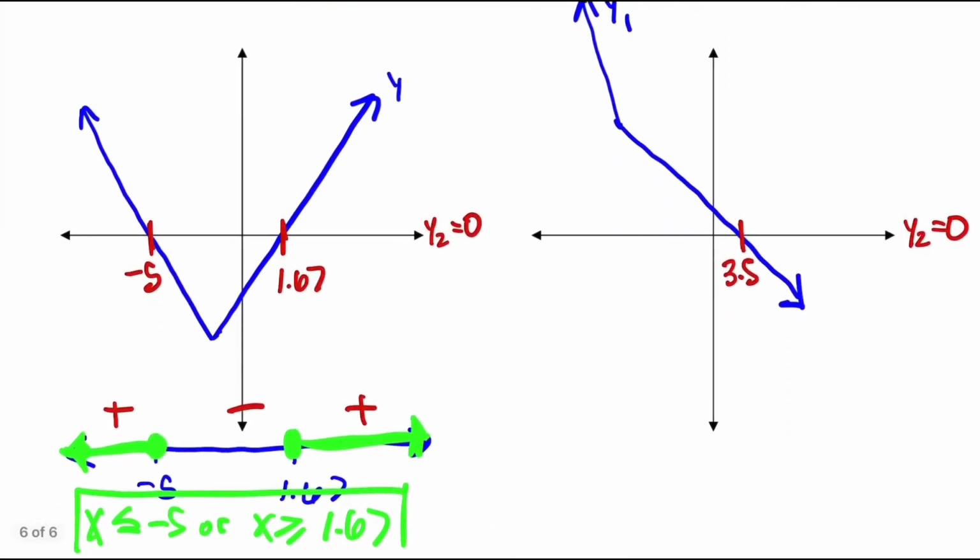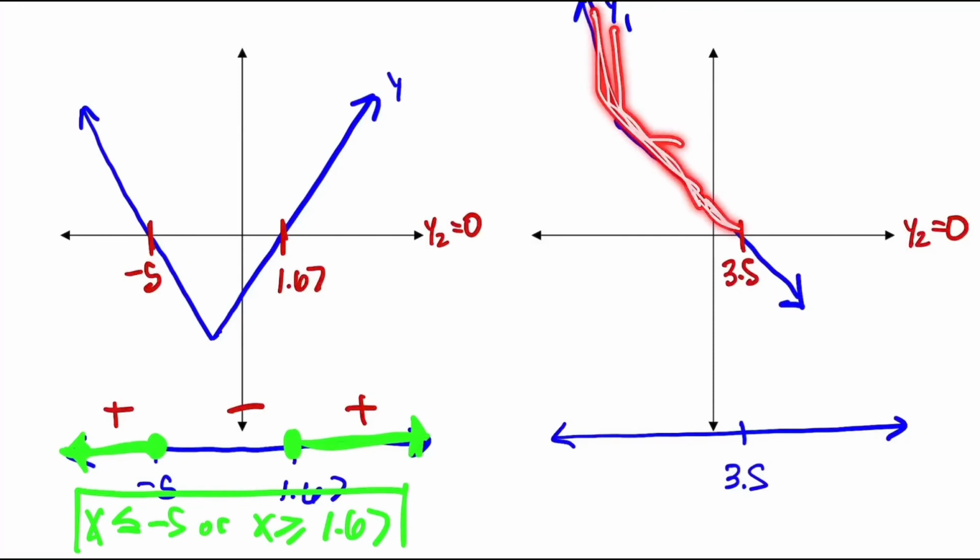Again, the reason I like the one graph method, it lends itself very nicely to a number line. My number line is going to have one number on it, and that's 3.5. Now again, here's how you get it. All of this stuff here is above, well, actually, all the way to that point. All of this stuff is below. So my number line is going to be plus, minus. That's it.